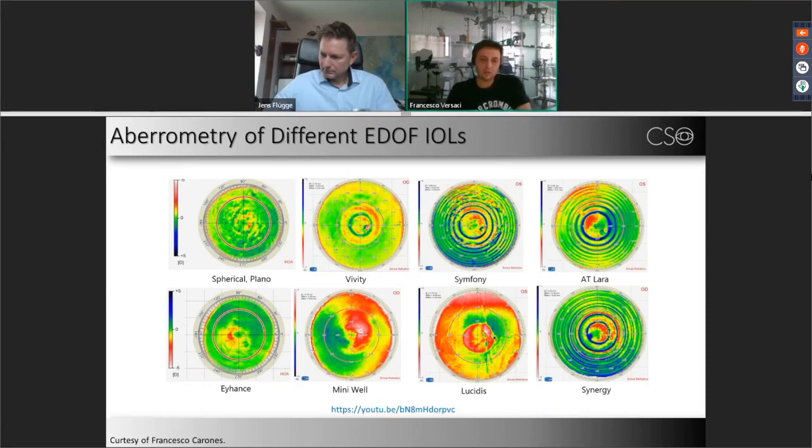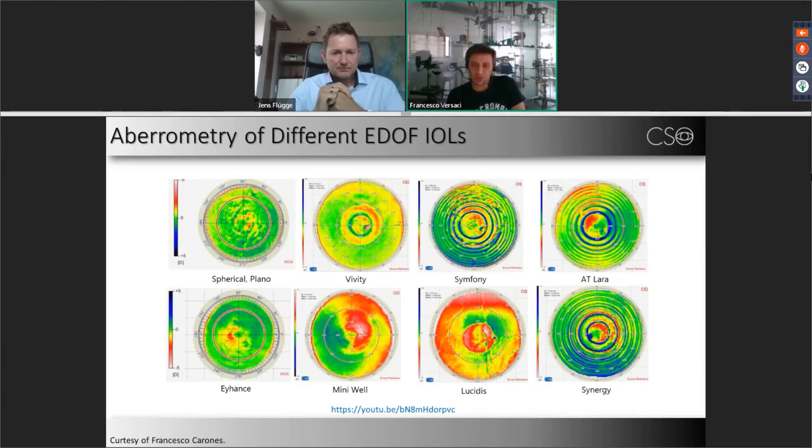This is also a slide from Francesco, who enjoyed showing the different power maps of implanted IOLs, from normal spherical plano lens to EDOF lenses or lenses that have some kind of aberration, like the IOL or the Lucidus.